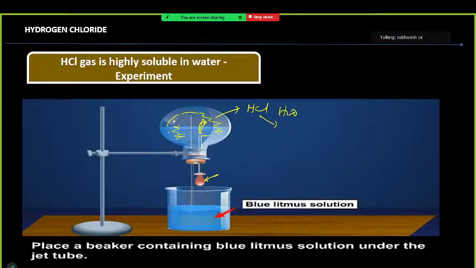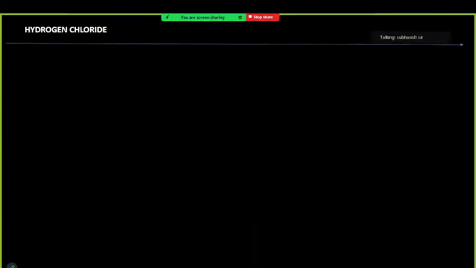So some vacuum is produced, and due to this vacuum, the blue litmus solution comes up through this jet tube and is sprayed out through this aperture like this.